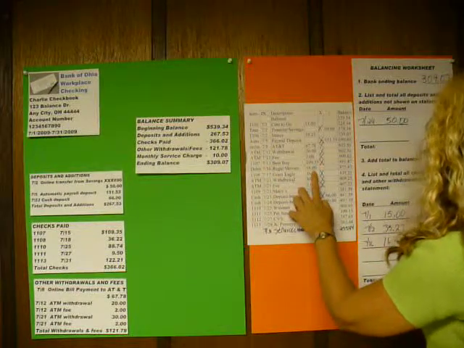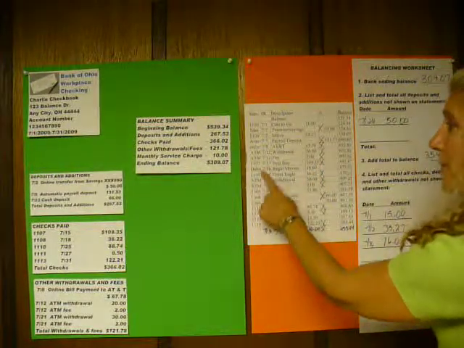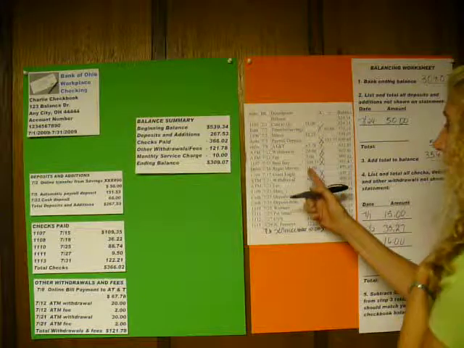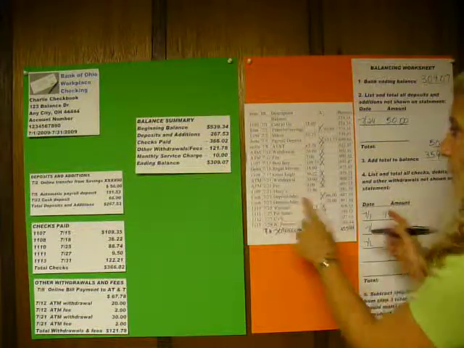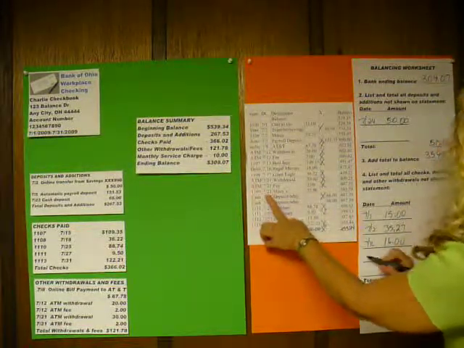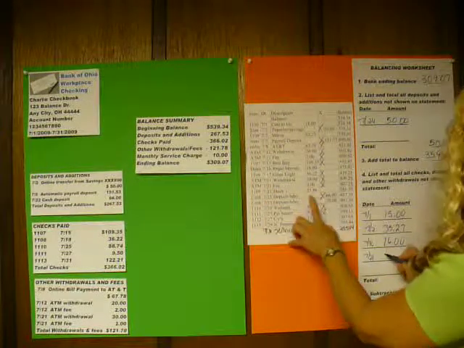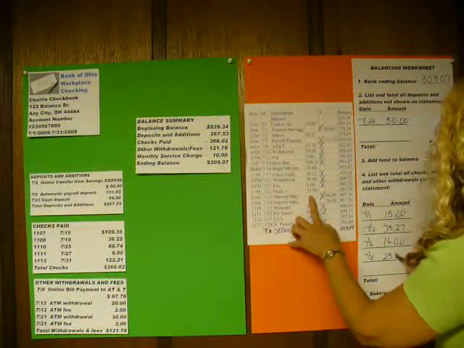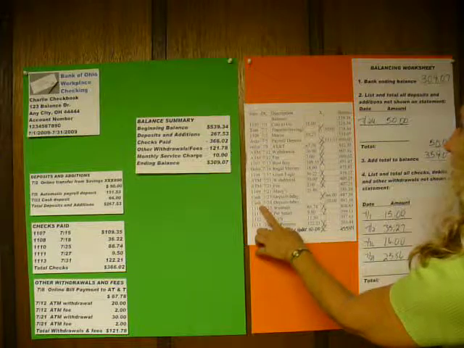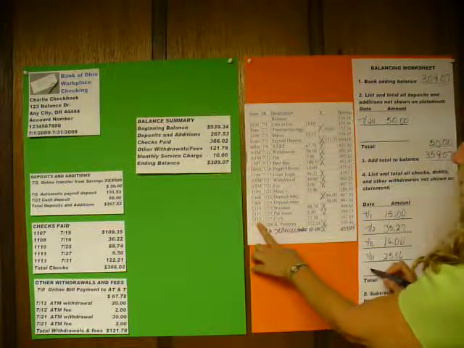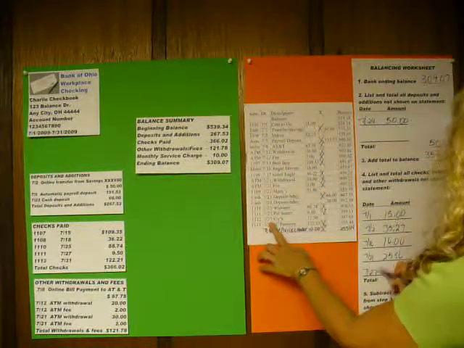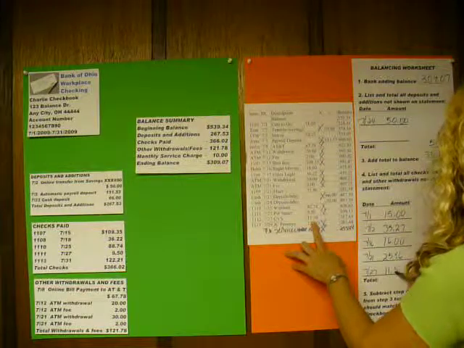I'm going to check that one off. That's a debit. Usually debits come out immediately out of your checkbook, so that might be some kind of a bank error that they'll catch up with next month. 7/21 for $25.86. And the next one down here is 7/27 for $11.50.